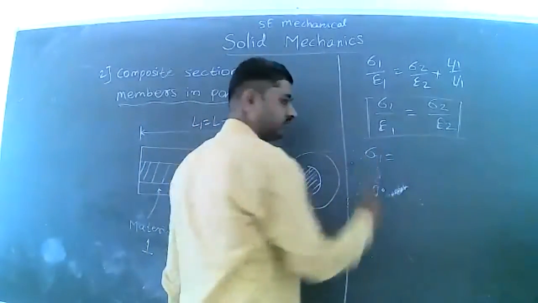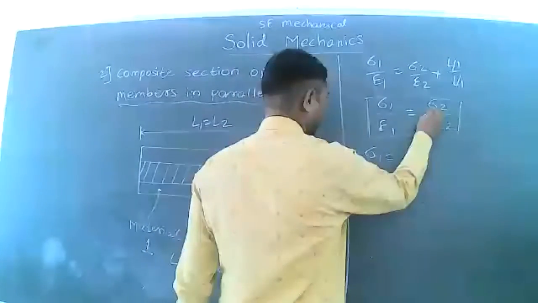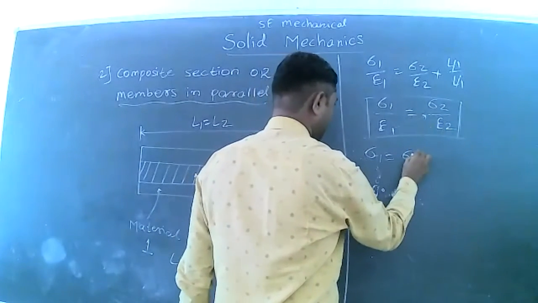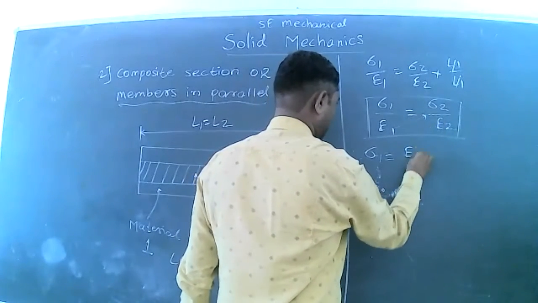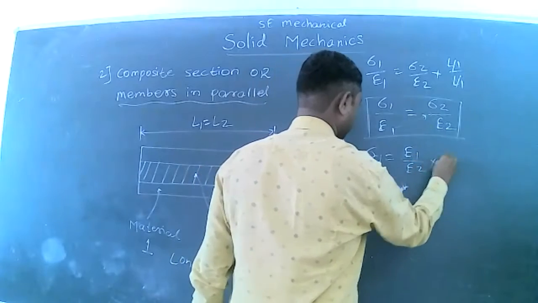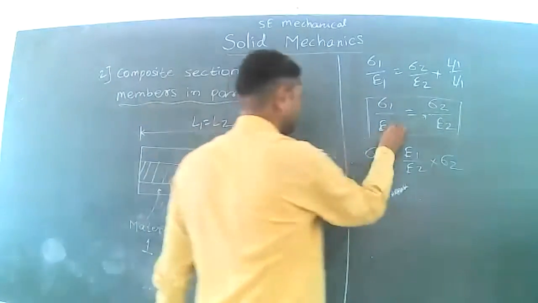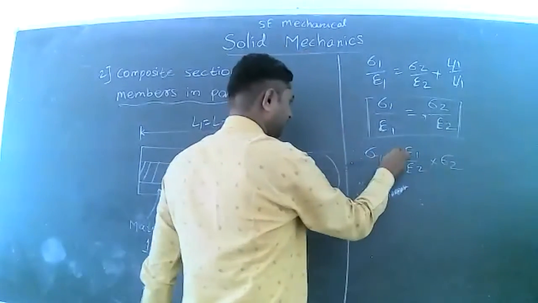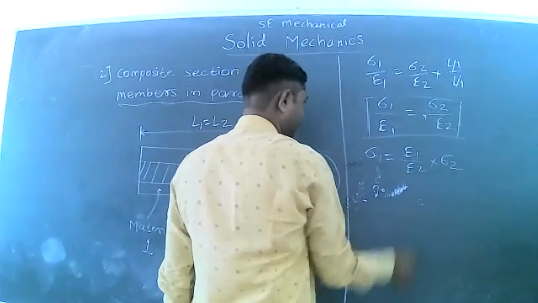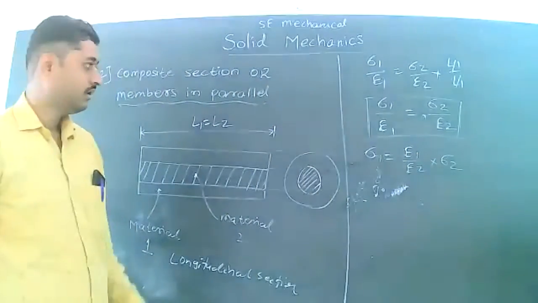Transfer this E1 to the right side, it is E1 by E2 into sigma 2.